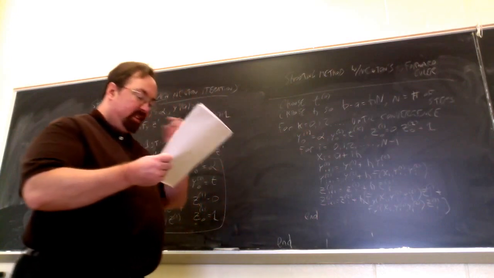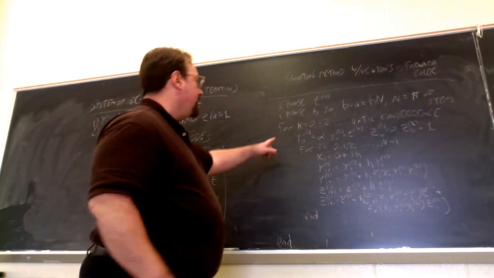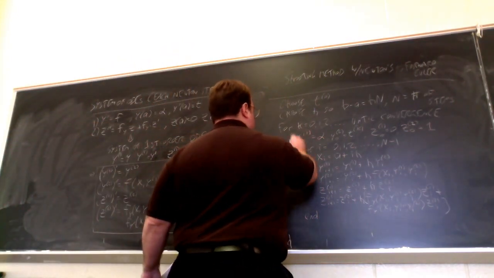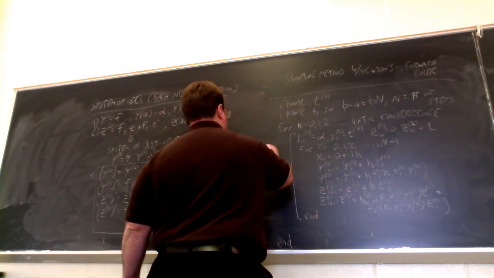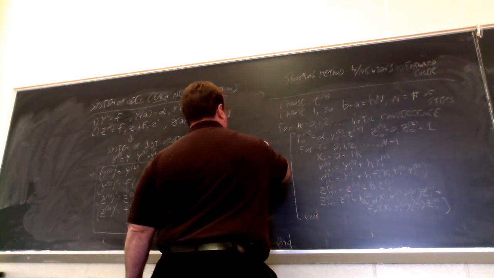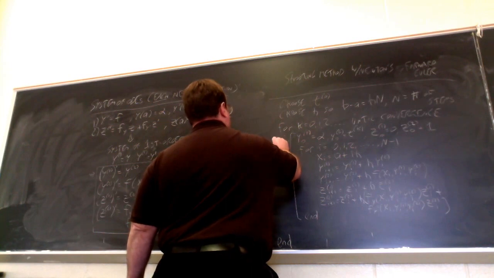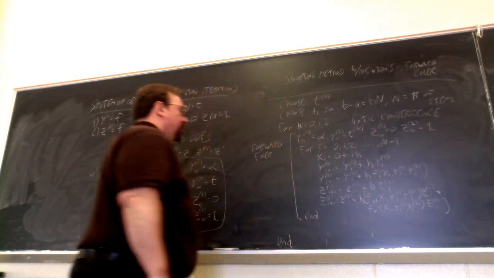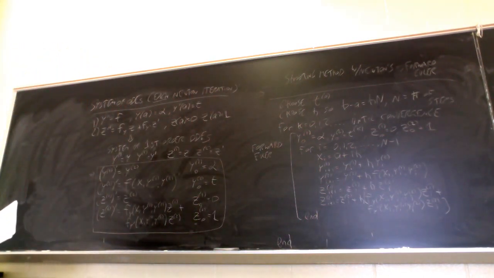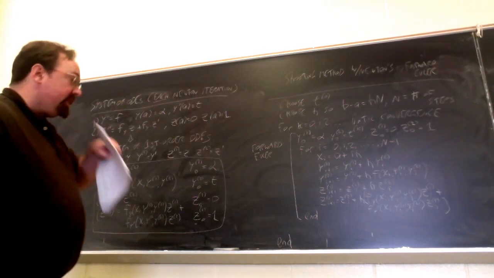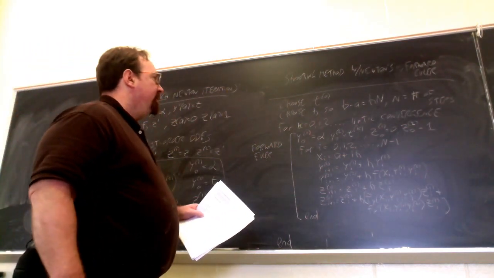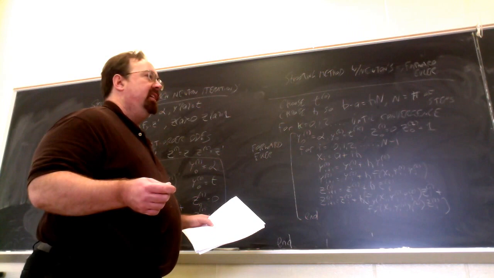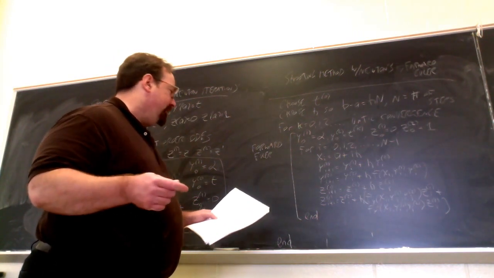So what happens is, after I've done all this, this whole loop, this is Euler's method to solve my system of ODEs. Once I've come to the end of that loop, I have the values of the function I'm trying to find a root of, and its derivative.